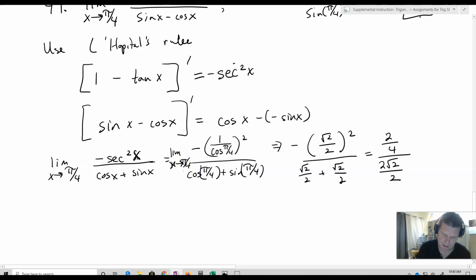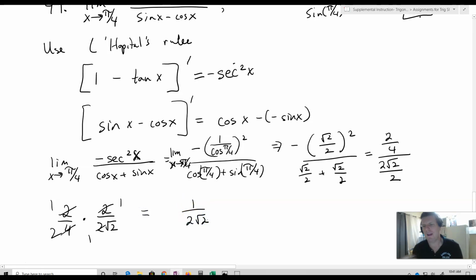And so what we end up with here is 2 over 4 times 2 over 2 root 2. So this is just a fraction. You're dividing 2/4 by 2 root 2 over 2. So consequently, you're just going to multiply by the reciprocal. And so this is going to be a 1, this will be a 1, this will be a 1. So this is going to end up equaling 1 over 2 root 2.